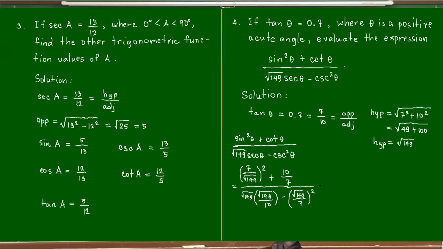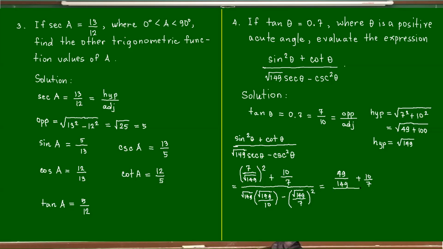Let's simplify this. For the first fraction in the numerator, that is 49 over 149, and then plus 10 over 7.